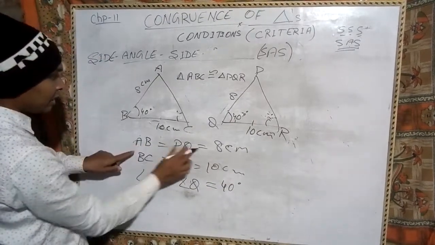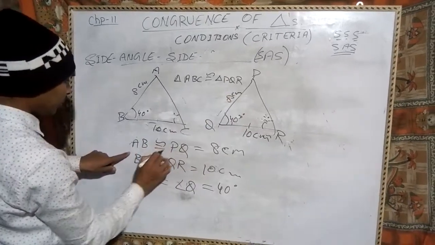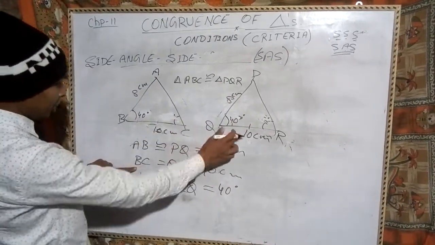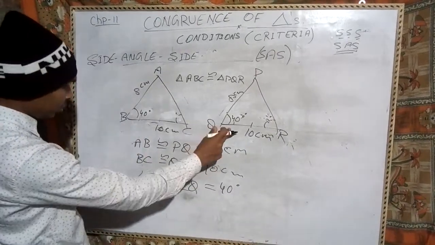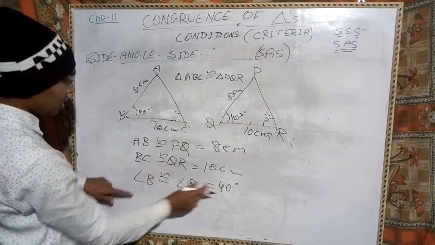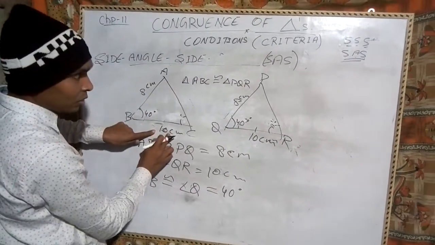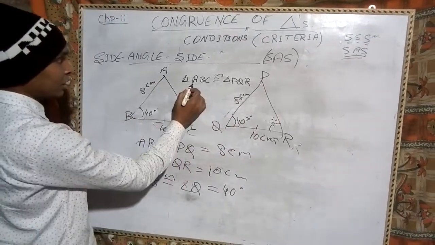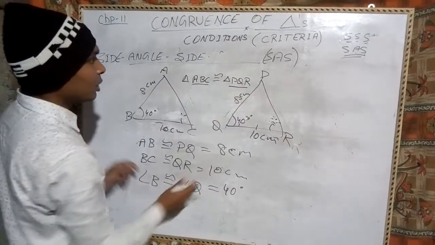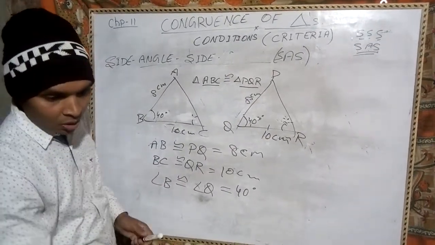So both sides are 8 centimeter, equal and similar. BC and QR are equal and similar, 10 centimeter, and angle B, angle Q, both are equal and similar, 40 degree. So side angle side are corresponding side, angle, side, both are equal, so we can say triangle ABC and triangle PQR both are congruent triangles. So these are the examples of that.